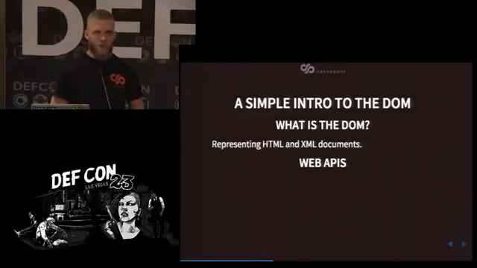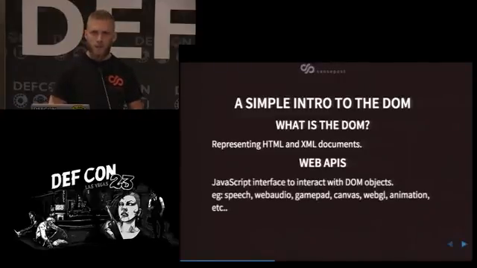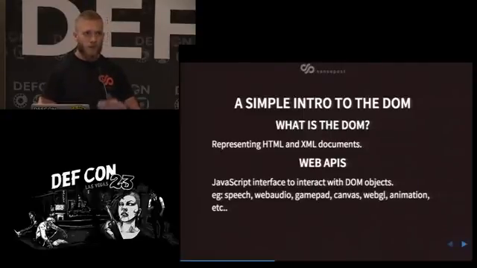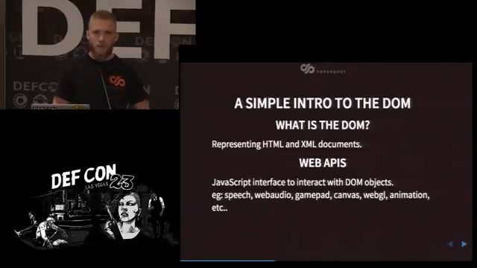We also have web APIs, and web APIs give us JavaScript interfaces for interacting with the document object model. These web APIs can consist of speech, web audio, animation. The latest one is web crypto, and new APIs are being pushed out constantly and hopefully being supported in all browsers.